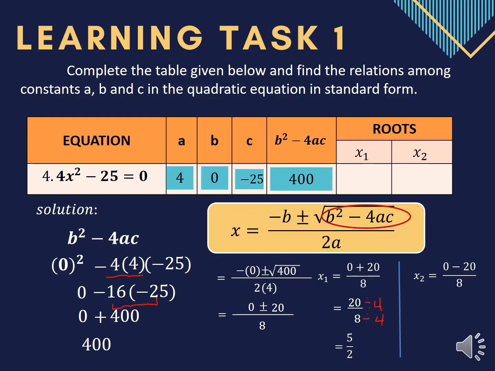So, that is 5 over 2, which is x sub 1. Now, for 0 minus 20, we have negative 20 over 8. Again, the same process, just negative. Divided both sides by 4, that is negative 5 over 2. So, our x sub 2 is negative 5 over 2.